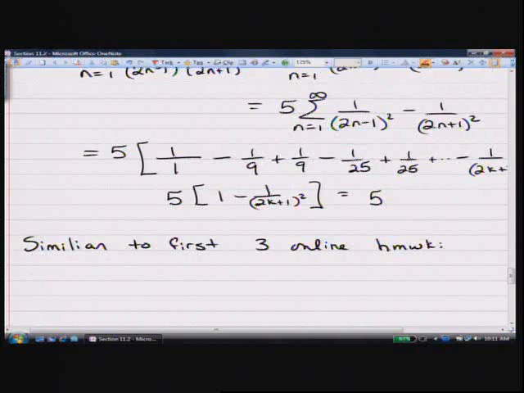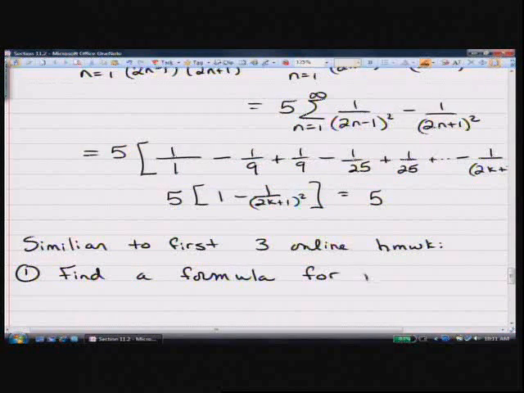It would be like this problem where you are asked to find a formula for the nth partial sum. And now that you know about the geometric and the telescoping, it might be easier for you to do that.